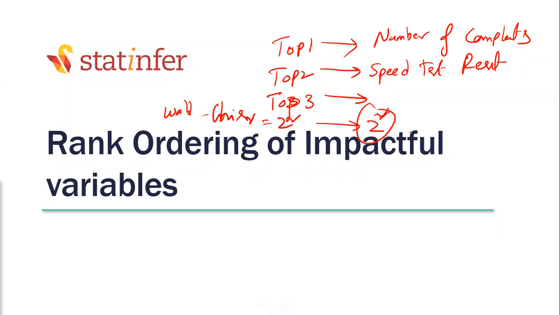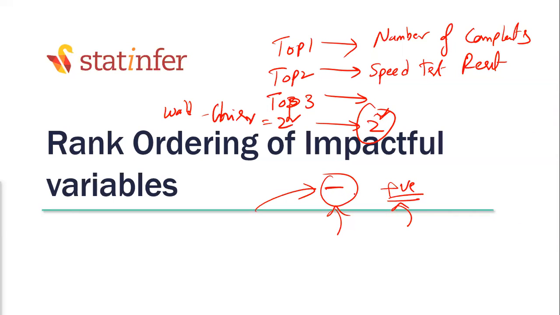Somehow our human brain has this tendency, whenever we see negative, we think negatively about it. Whenever we see positive, we think positively about it. But we have to leave that tendency when we are building the models, isn't it? A variable might have high impact negatively or positively, it doesn't really matter. It depends on the data, isn't it? Do you agree with me?